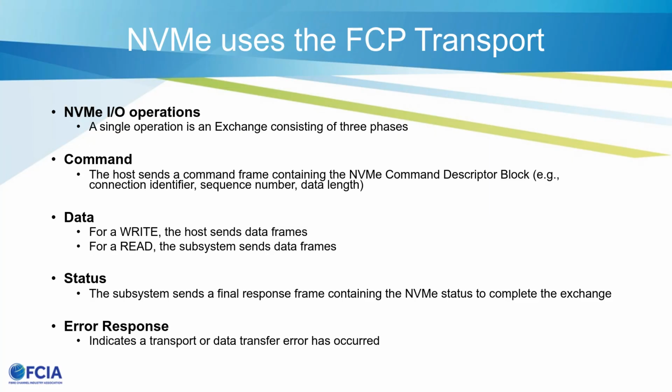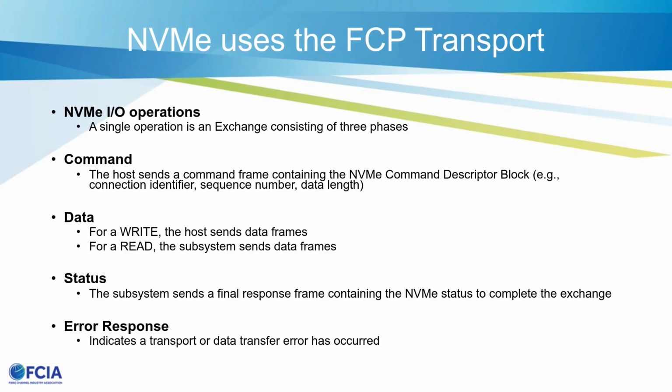The NVMe operations are very similar to what we've discussed for both SCSI and for FICON. A single operation is contained within an exchange, and we have the same 3 phases. We have the command phase, which has the NVMe command descriptor block.